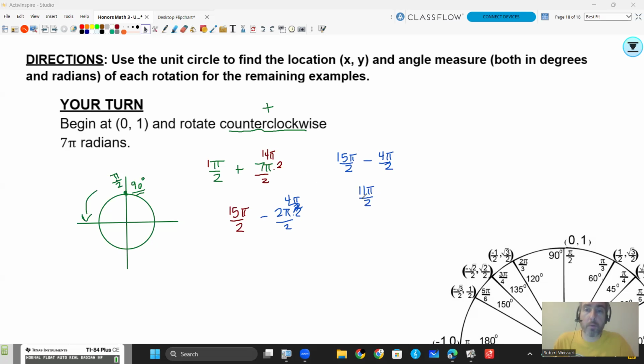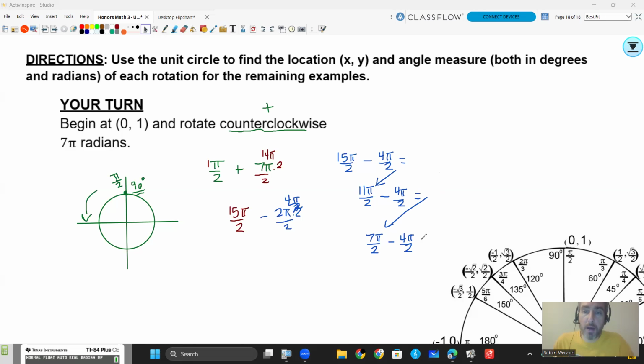Still too big. Remember, we're only trying to get 2 pi here. So the most it could be is 4 pi over 2. So we're going to have to keep going. That's going to give you 7 pi over 2. Too big still, so keep subtracting 4 pi over 2.